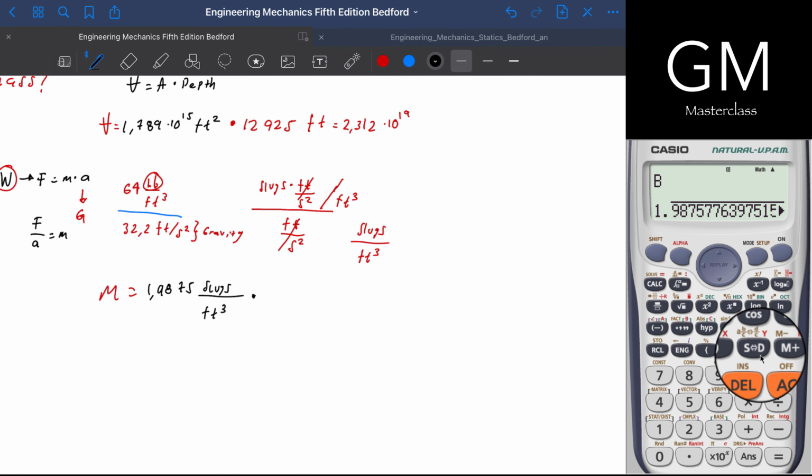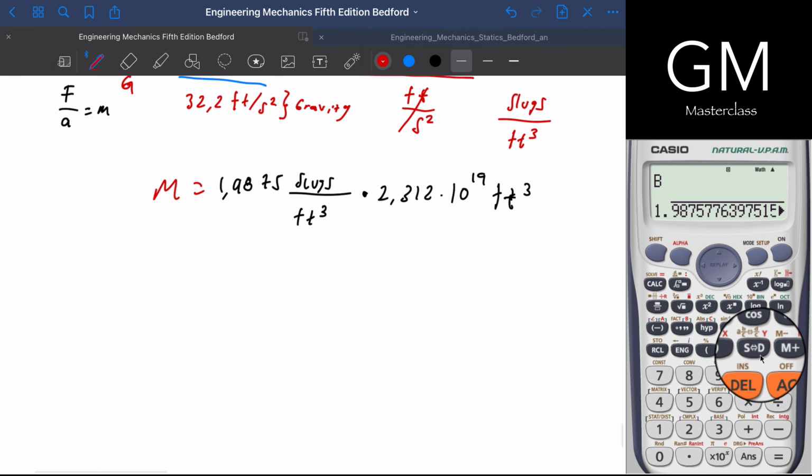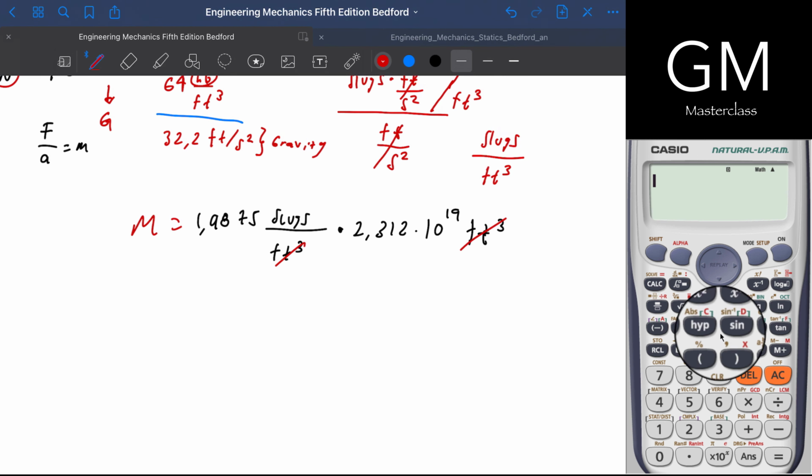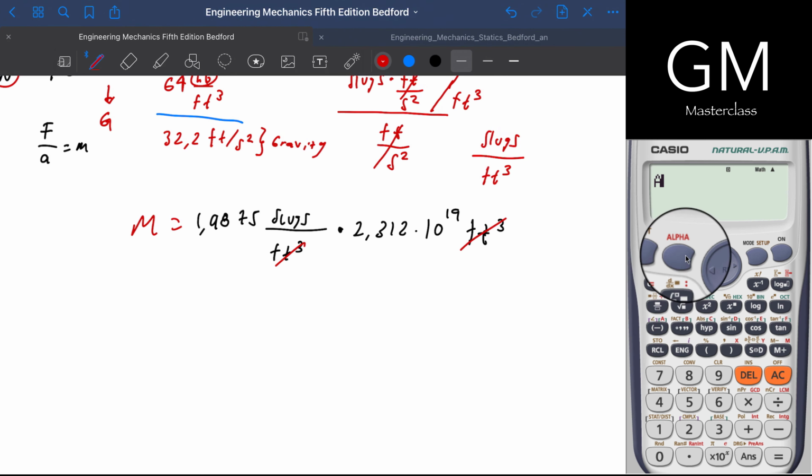So it is going to be 2.312 times 10 to the 19 power feet to the third power. So the answer will be in slugs, as you can see here. So the answer is A times B.